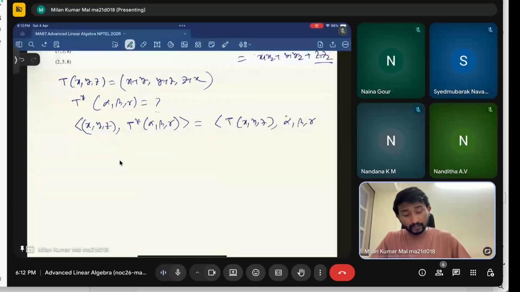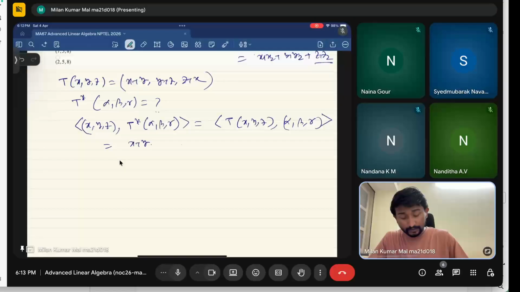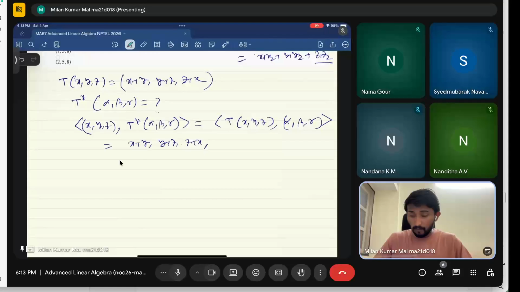This equals the inner product of x plus y, y plus z, z plus x with alpha, beta, gamma. There is another way you can do it, I think, but let me try this.